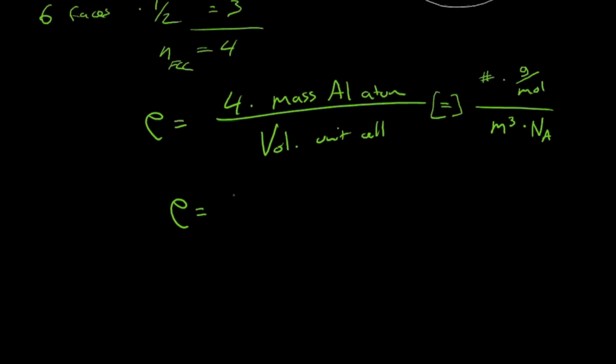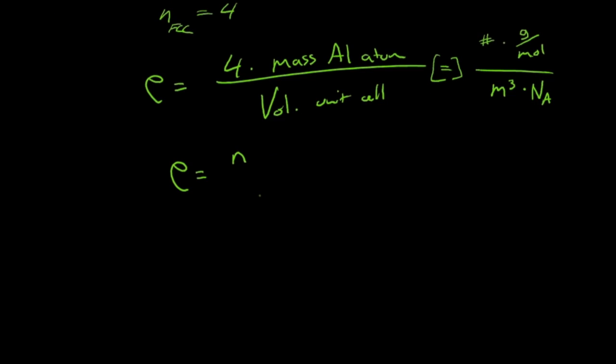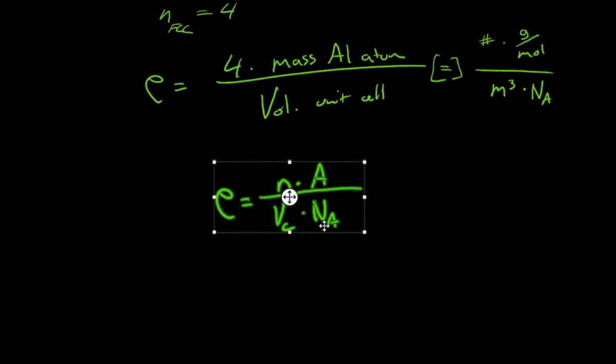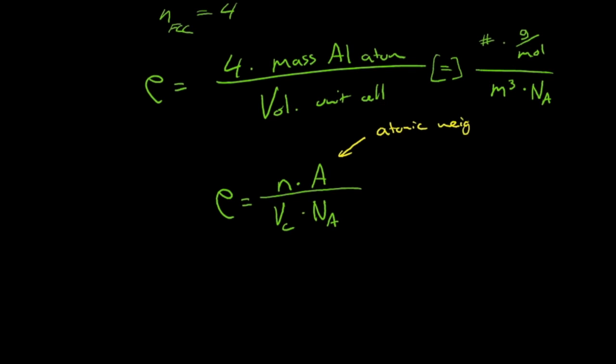And we can generalize and say that the theoretical density for a metal is going to be equal to the number of atoms in the unit cell times the atomic weight, or the molar mass, divided by the volume of the unit cell times Avogadro's number. Let me just label these for you. That's the atomic weight, as many people call it, or it's also commonly known as the molar mass.